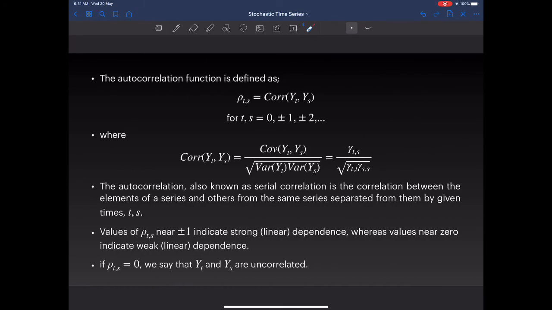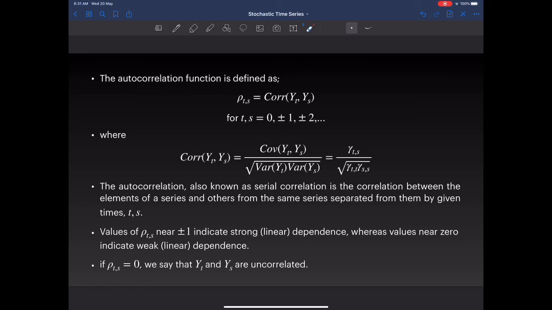Based on the autocovariance, we can define the autocorrelation function. As we can see here, this is the autocorrelation function, also known as serial correlation: the correlation between the elements of a series at different time periods t and s.